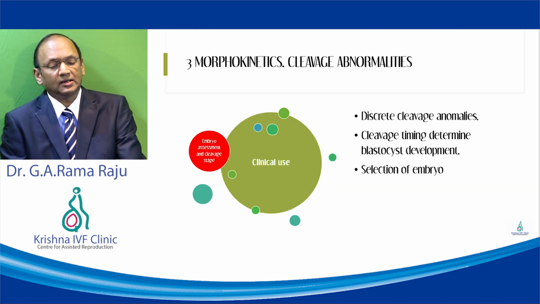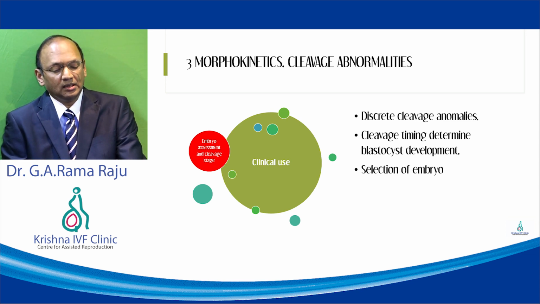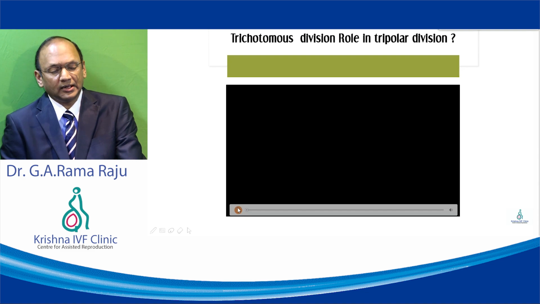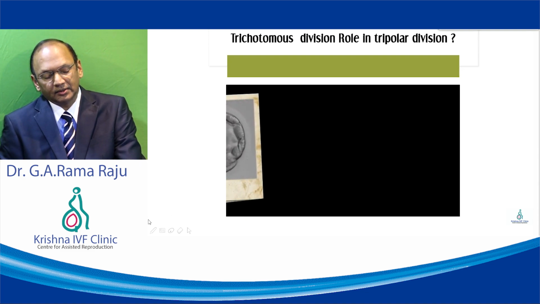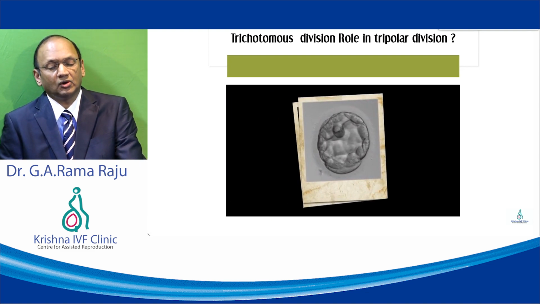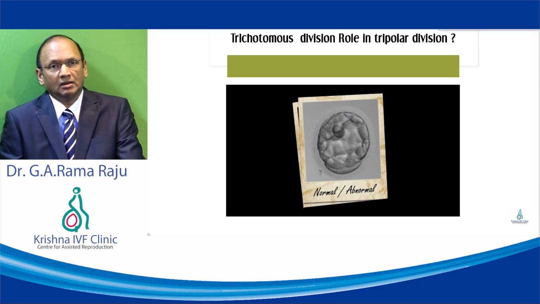The other area is an abnormality of the cell divisions, where it can be a 3 cell division or tripolar division, which will end up producing abnormal genetic material.